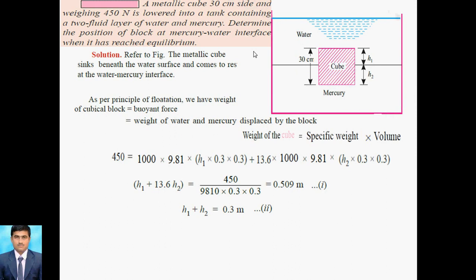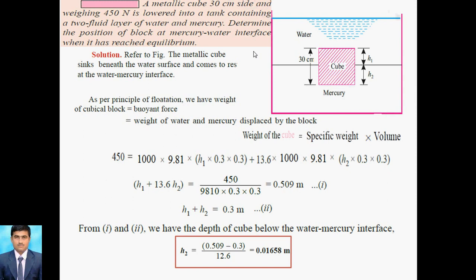So I write h1 plus h2 is equal to 0.3 meter. After solution of equations 1 and 2, we get the value of h2. h2 is equal to (0.5 minus 0.3) divided by 12.6, so it is equal to 0.01658 meter. So this is regarding the metallic cube.